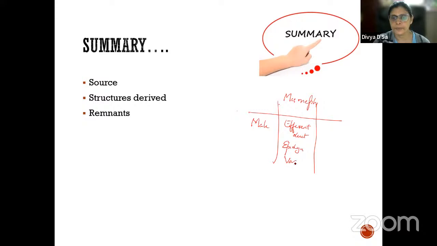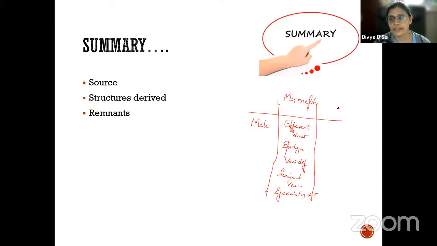Then the vas deferens. Then it forms the seminal vesicle. And then it forms the ejaculatory duct. Okay, so these are the structures derived from the mesonephric duct in males.